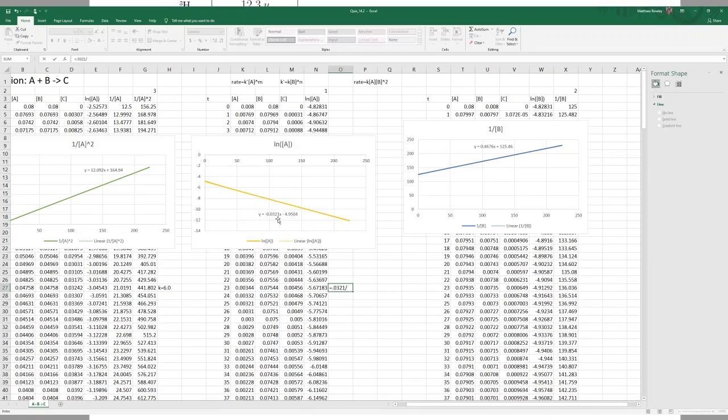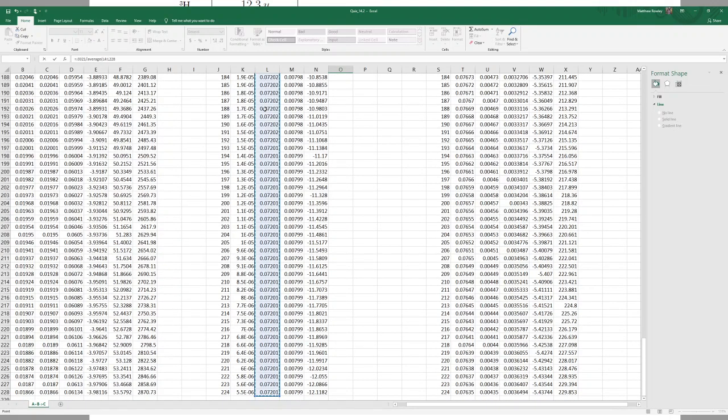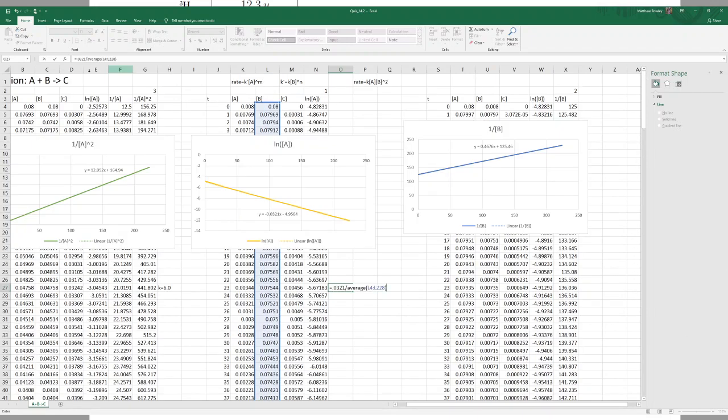So as long as we have Excel here ready to do all sorts of rapid calculations for us, let's actually find that average value for the column of B. And it needs to be squared because we're second order with respect to B. And that gives me 6.019.